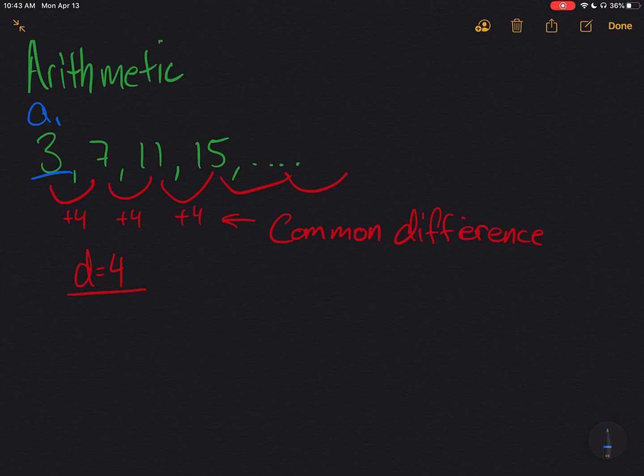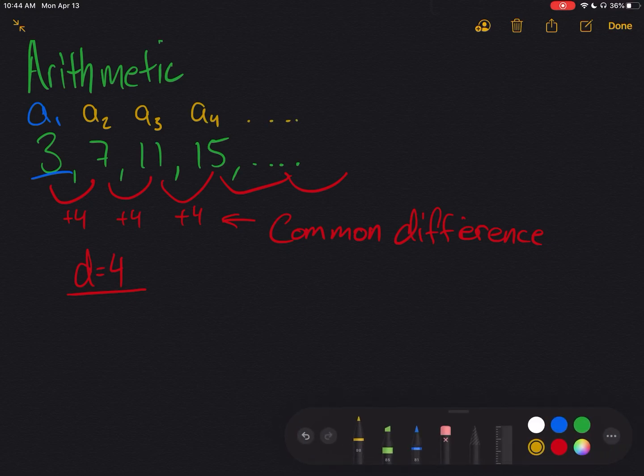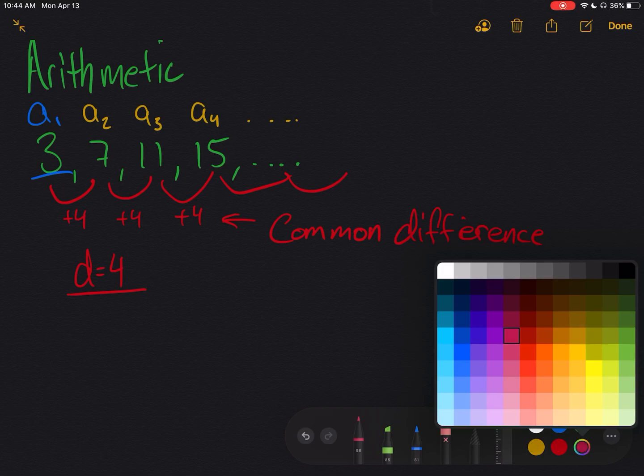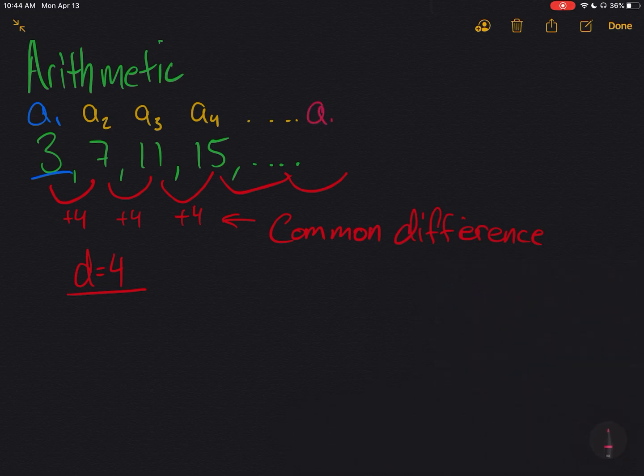And then we use the difference to get from A1 to A2, which is our second term, A3, which is the third, so on and so forth, right? And all the way out to what we call the AN term, which is just some term that we haven't found yet. But the N is just representing what number term that is in the sequence, right? So our 15th term would be A sub 15.